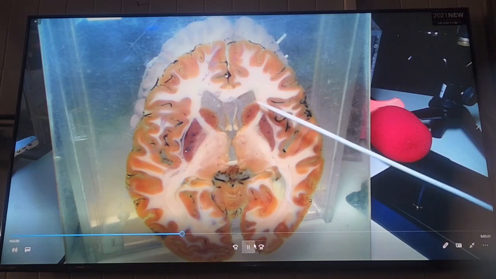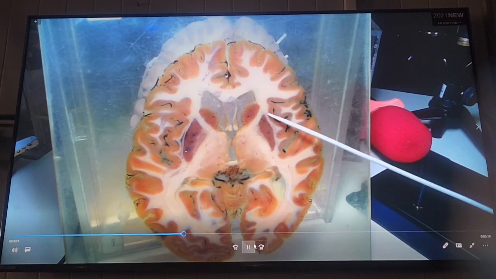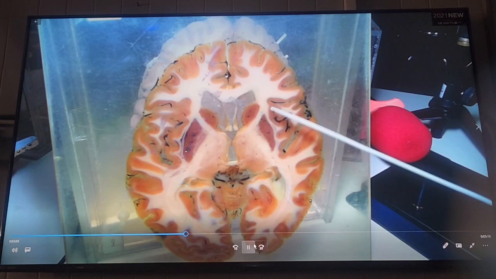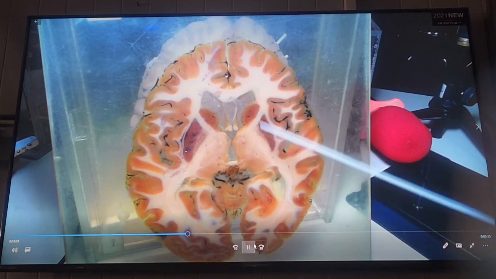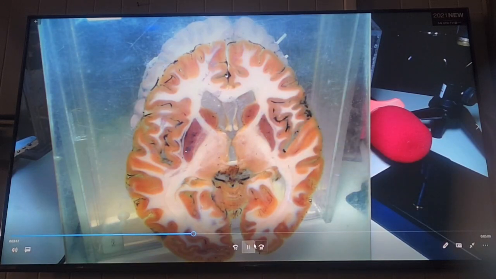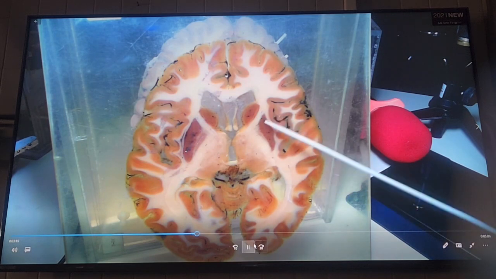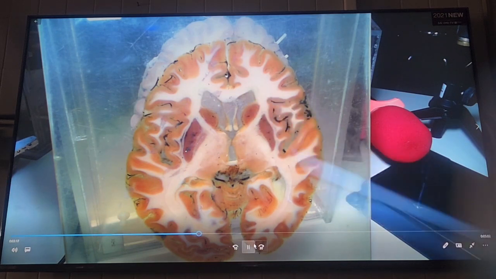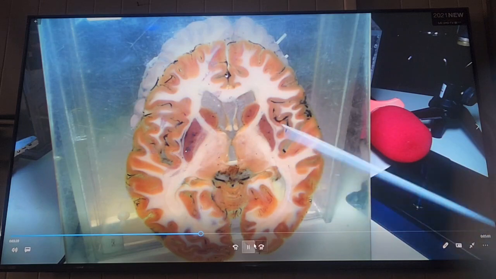So these two parts are interconnected with each other above the anterior limb of the internal capsule. Collectively, these parts we name the corpus striatum.